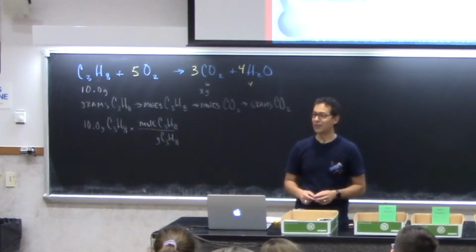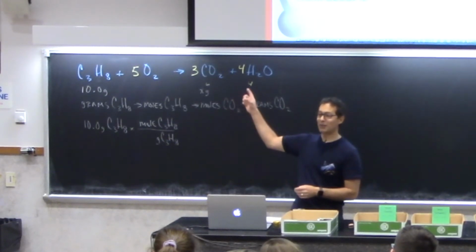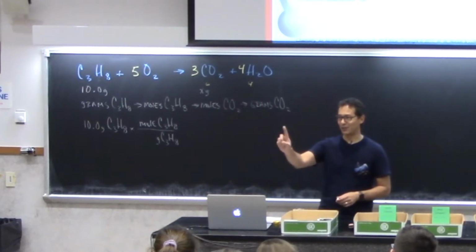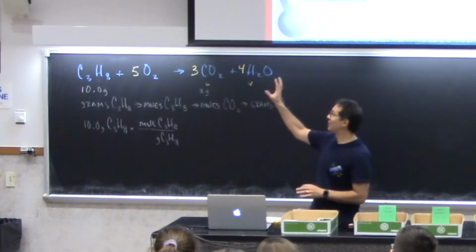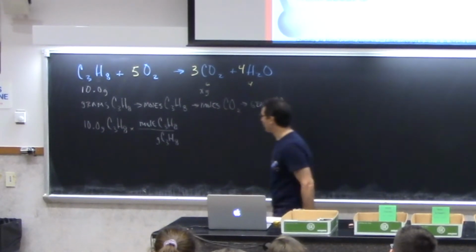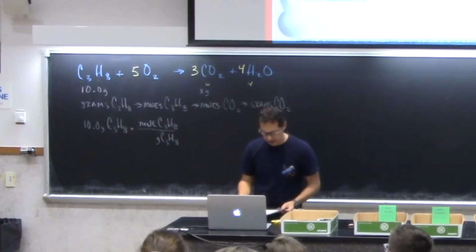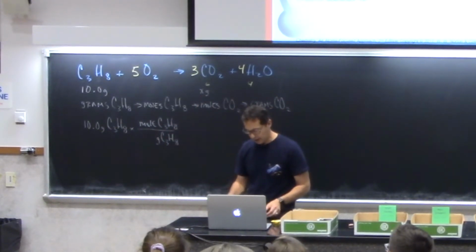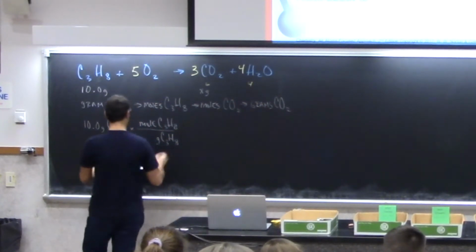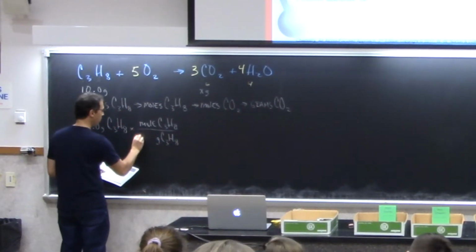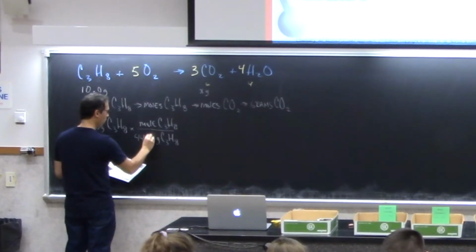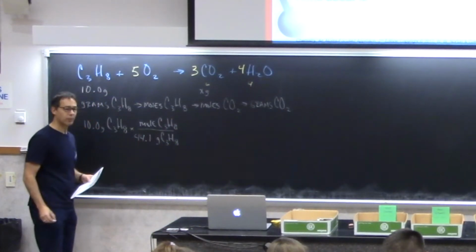The periodic table, yes. Thank you, you're using this, yep, okay, good. So on the periodic table, we look up 3 carbons and 8 hydrogens, add those together, and we come up with some number. I did this before class, 44.1 grams of propane.